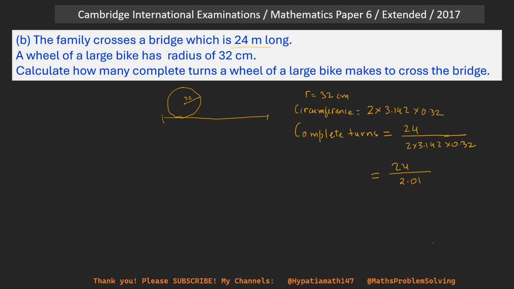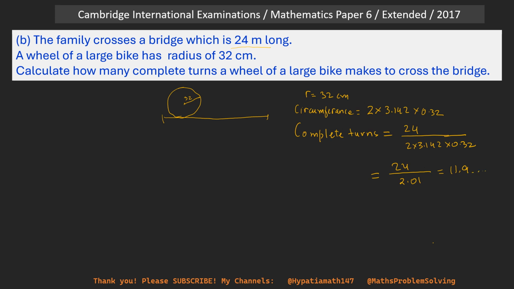So 24 divided by 2.01 is approximately 11.9.